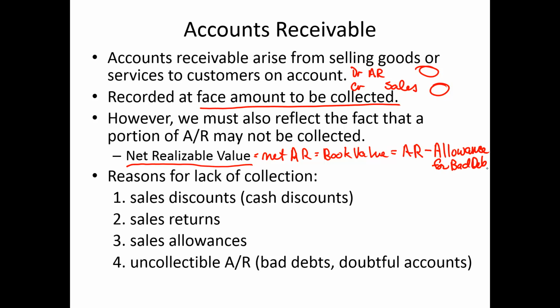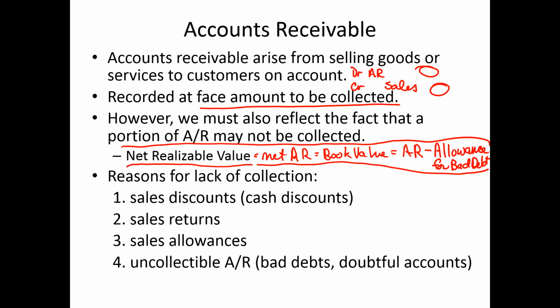And that's an estimate based upon our previous experience about who is not going to pay. We don't know what their name is, but we know they're probably not going to pay us. The other thing that you have to be aware of is that you may not collect all of your accounts receivable because you may offer terms to your customers for paying fast, and those are called sales discounts or cash discounts.